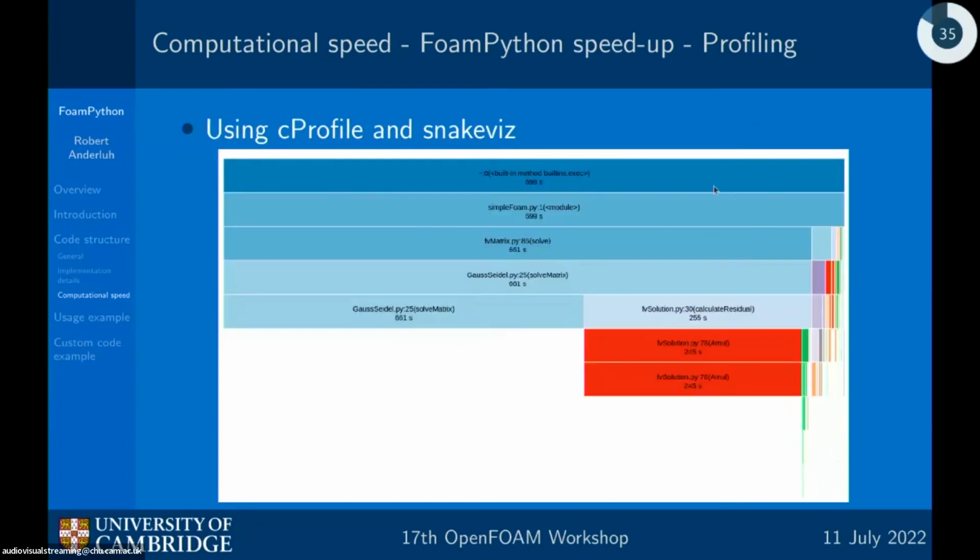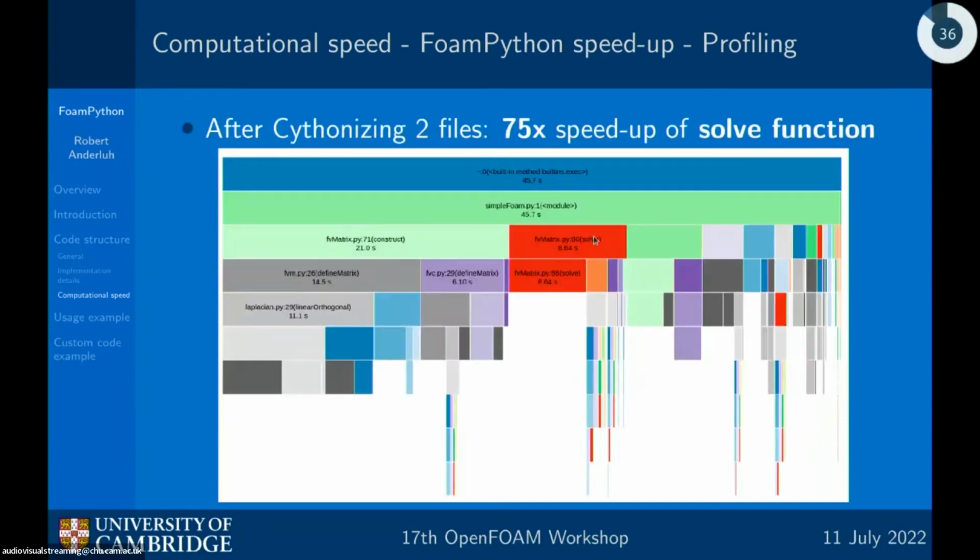If you remember the number 661 seconds, we get 8.6 seconds, which means that specific segment of the code was sped up 75 times. And then we have the rest of the code. If we went through all of those files, we could get a similar speed up, but this was the low hanging fruit. So that is an example in my code.